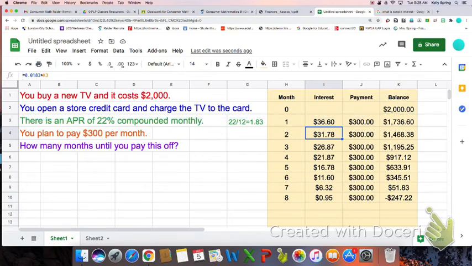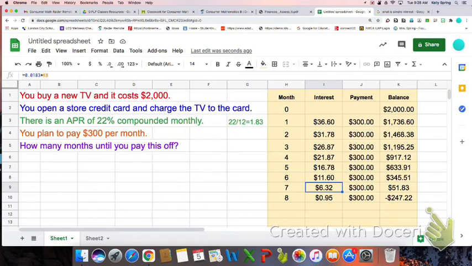And then my payment is $300. And then this one is K3. So my previous balance plus my interest, I4, minus my payment. So it's done that for each of these interest and payments, and again, interest and balance.